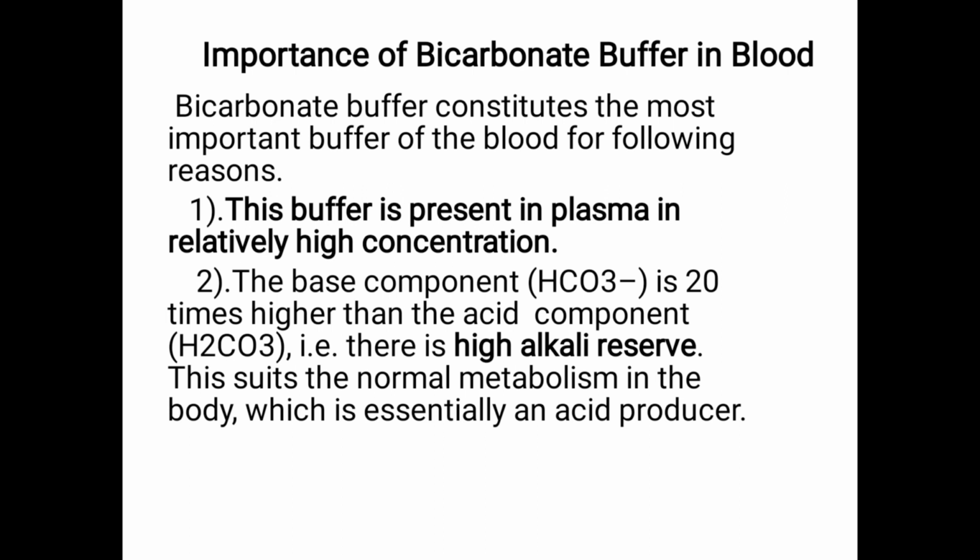So carbonic acid is one component and bicarbonate is the other component of the bicarbonate buffer, which is the major buffer system in the body, constituting about 60% of the buffering capacity of blood. This buffer is present in the plasma in relatively high concentration. That is the importance of the bicarbonate buffer.